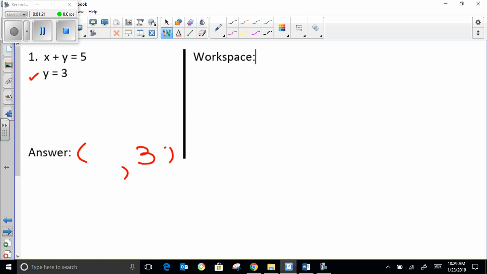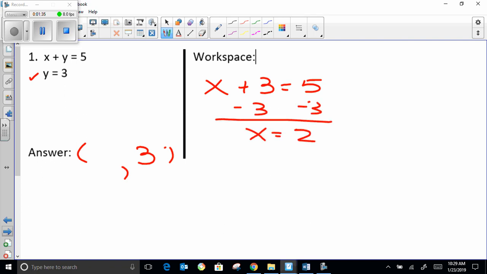Substitute in your 3 in y's place. x plus 3 is equal to 5. Now solve for x. Minus 3, x is equal to 2. So my answer should be 2, 3.